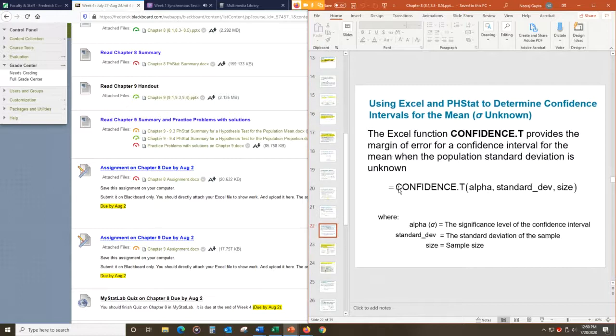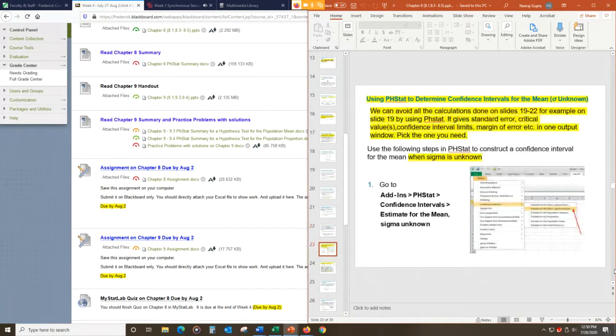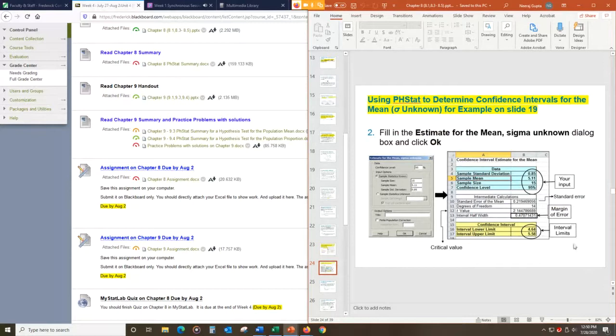And CONFIDENCE.T for the margin of error, which you do not need because we will use PHStat. I have pointed out on slide number 23 that you can avoid all the calculations on slides 19 through 22. This is how you will be doing it using your PHStat, and one window itself gives you all the values. So all these calculations, how we get them, I'm going to show you right now.